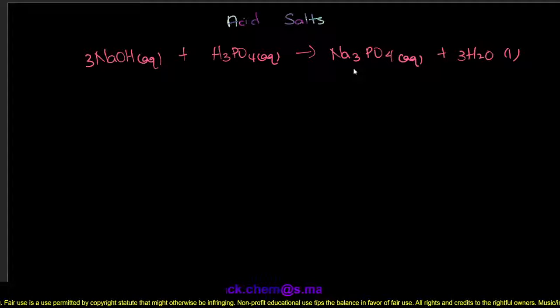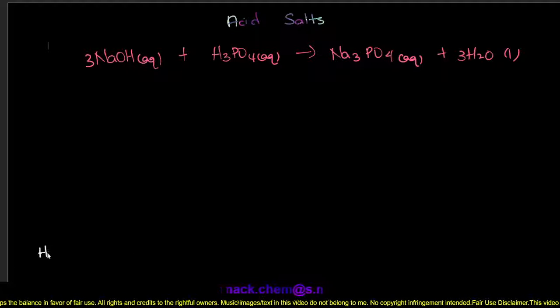If we want to look at the formation of the two acid salts, which can be formed by phosphoric acid, we need to be able to work out what would be the anion formed in the acid salt. So I'm going to repeat what I did before, where I'm going to take my formula for my phosphoric acid.